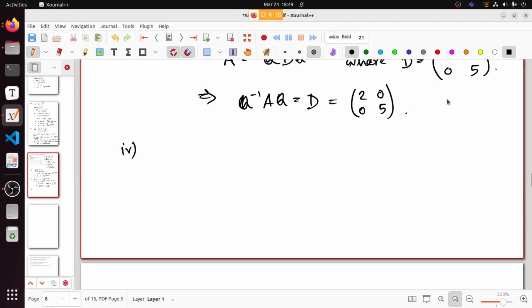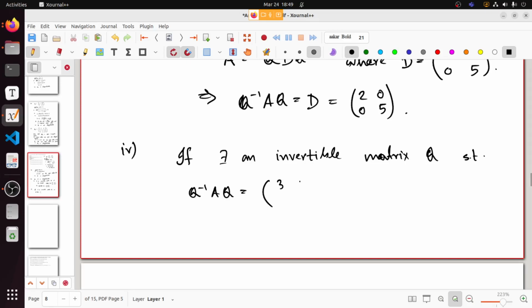So we'll prove this. Suppose there exists an invertible matrix Q such that Q inverse AQ is [[3, 0], [0, 2]], which we denote by D, meaning A is diagonalizable, so A equals Q D Q inverse, where D is this.